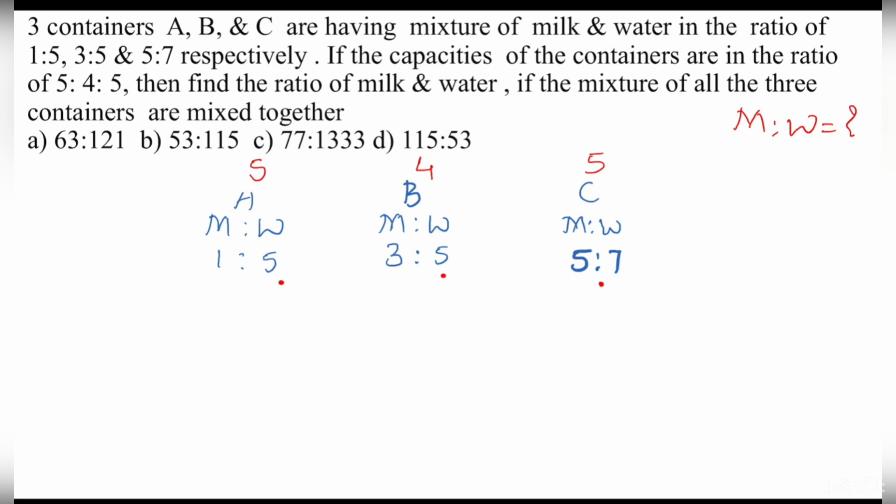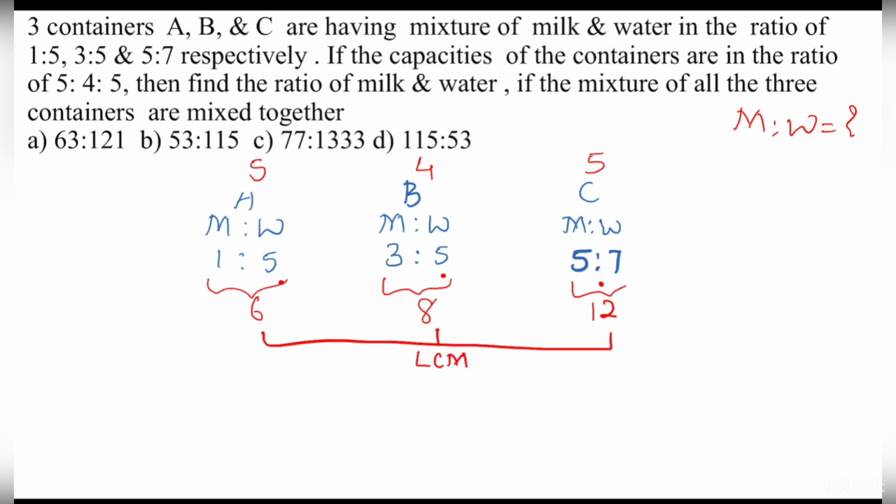Okay. Now, from this we know 1 plus 5 is 6, 3 plus 5 is 8, 5 plus 7 is 12. Okay. Then LCM of this is how much? 6, 8 and 12 LCM is 24. Okay.